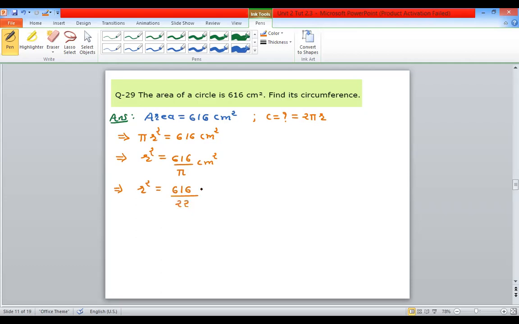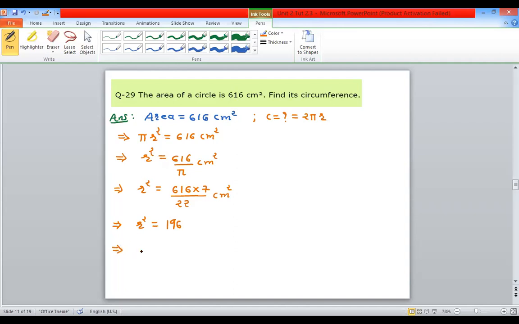This 7 I can put here; the denominator is moving to the numerator. Now divide by this given term. The 616 multiplied by 7 and divided by 22 is 196. So r square is equal to 196.